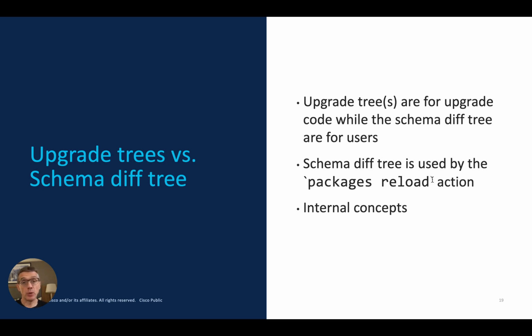As a service programmer, on the other hand, it is important, since the presence container has to be explicitly created. Upgrade and schema diff trees are an internal concept, visible only in the upgrade log.